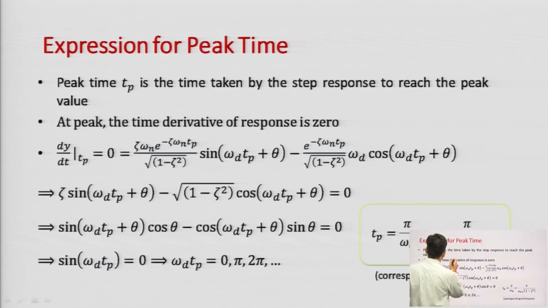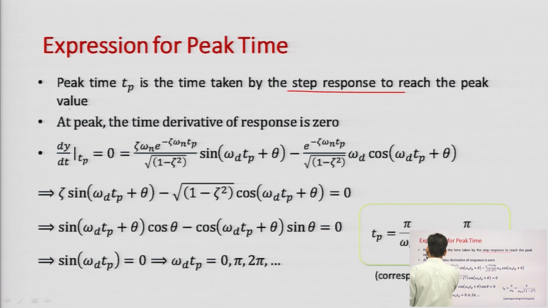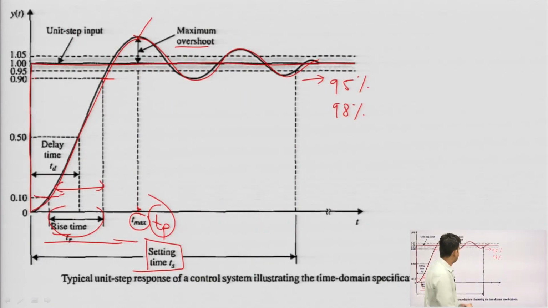T_p is the time taken by the step response to reach the peak value. At this peak time, the derivative of the response is 0. If I see this response, my slope is increasing, and after this point my slope is decreasing. A point will come where my slope is 0.